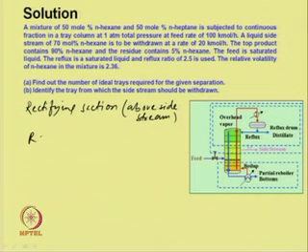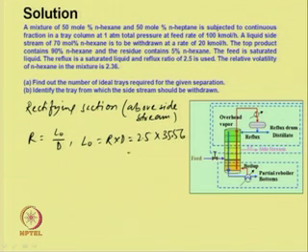R is equal to L naught by D, so L naught would be R into D, which is equal to 2.5 into 35.56, which would be 88.9, and G1 would be R plus 1 into D, which is equal to 124.46.